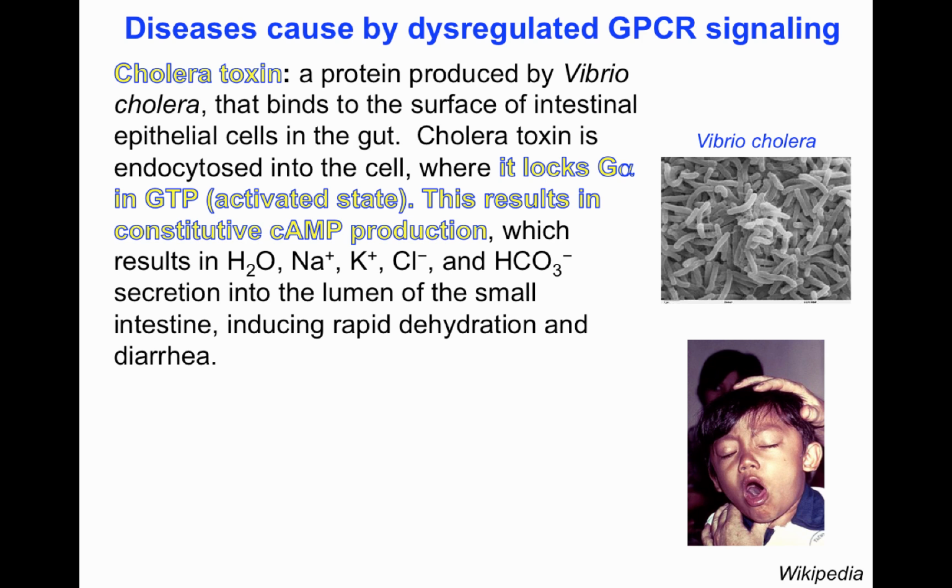Now, cholera toxin goes intracellularly. It's able to bind to the surface of the epithelial cell and go inside the cell. And there, it's going to lock the G-alpha subunit into a GTP activated state, meaning that it will not allow it to hydrolyze GTP into GDP.